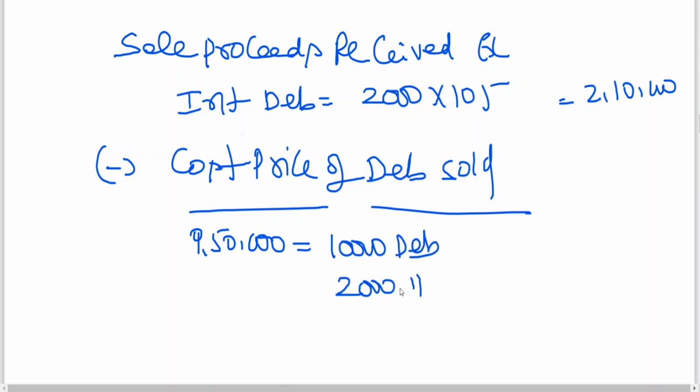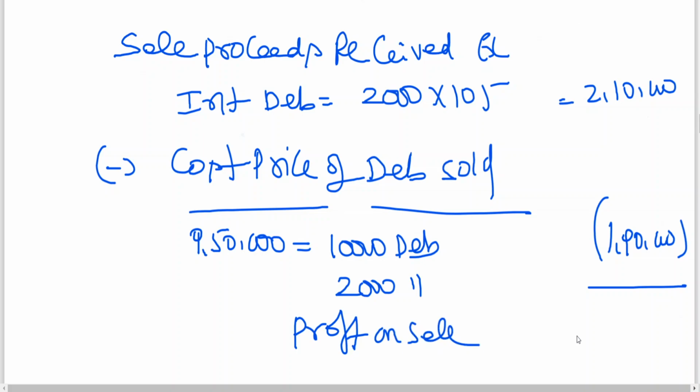From the first lot only you are selling, no? So therefore 9,50,000 into 2,000 by 10,000. It is coming to 1,90,000. Here also you are having a profit on sale: 20,000.